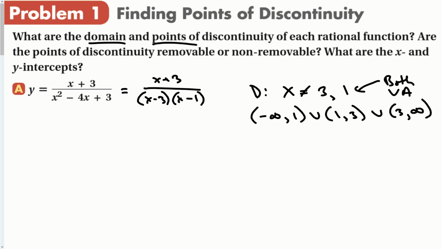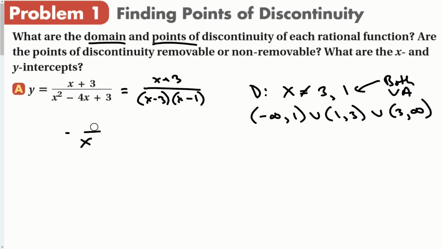What is the x-intercept? What is the y-intercept? Well, if there's a 0 in the denominator, this function is undefined. No matter what the bottom is, if there's a 0 in the numerator, this answer is equal to 0.